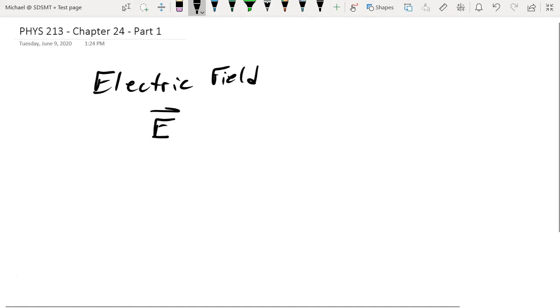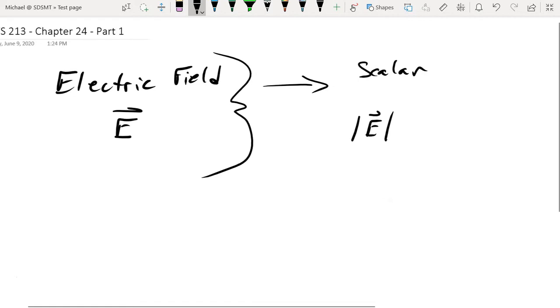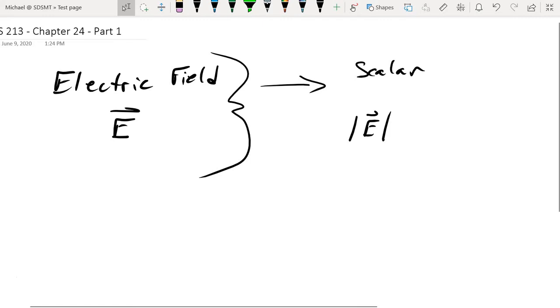So what we want to do is see if we can take all of that information and condense it down into a scalar quantity. Except that it's not going to be as simple as just asking for the magnitude of the electric field. There is a new term that we're going to start using, which we are going to call electric potential.